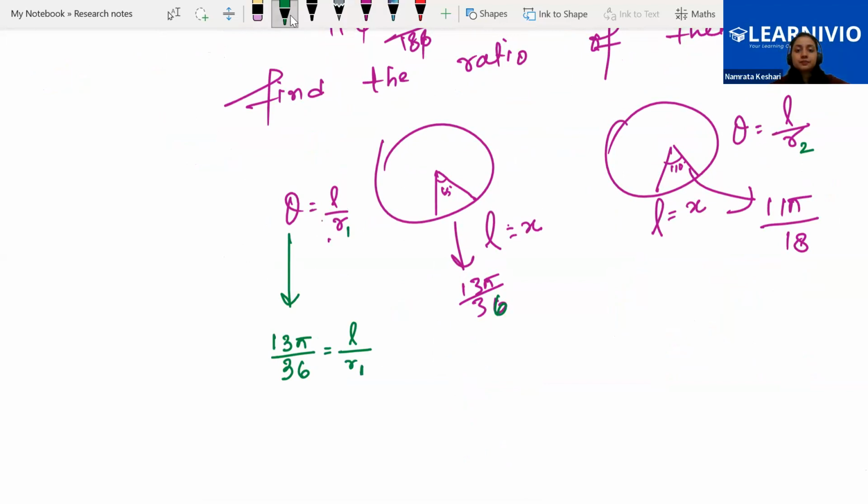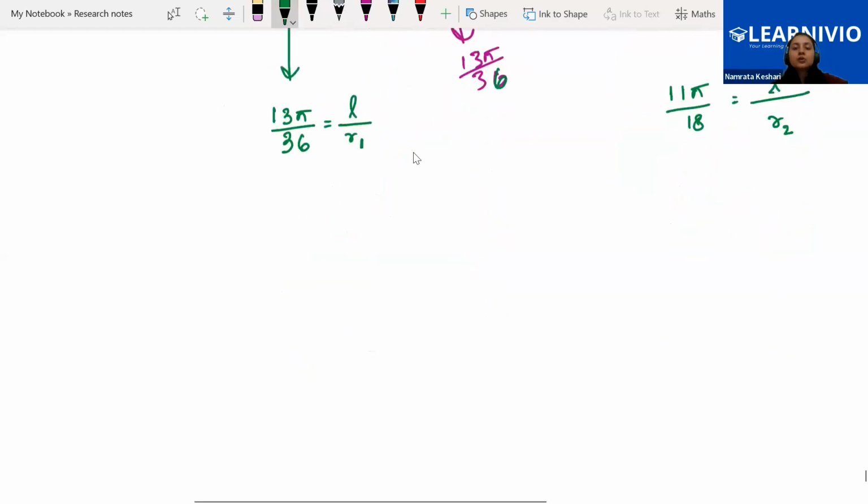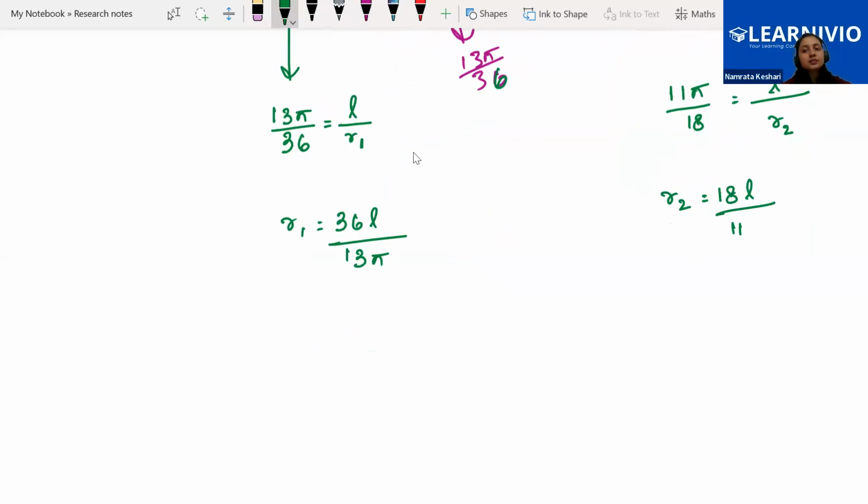Here also theta is equal to L by R. So theta, 11 pi by 18, is equal to L by R2. Now here we can find R1 is 36 L by 13 pi, right, Alina? And R2 is 18 L by 11 pi, right?